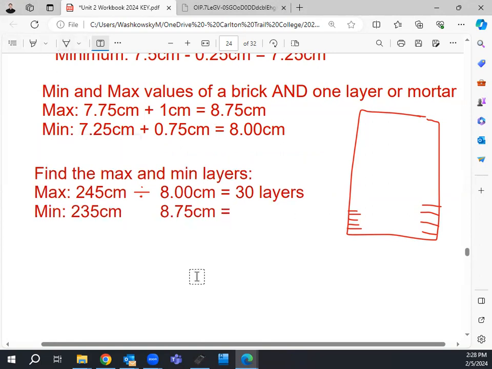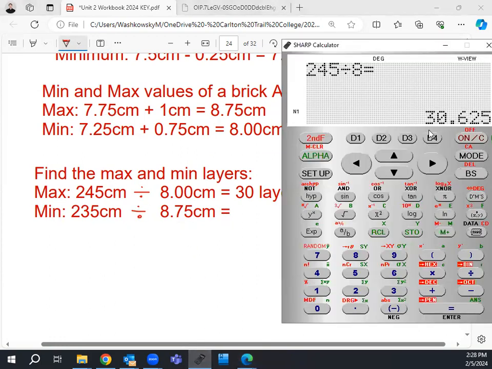So 235 divided by 8.75. So if I do that, I can see that, oh, well, that's going to be 26.85 layers.